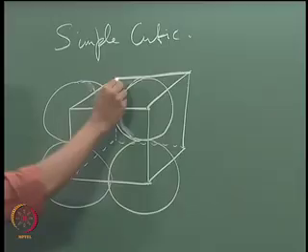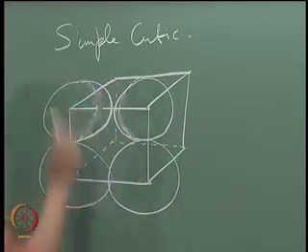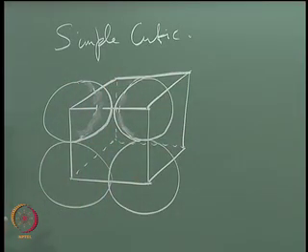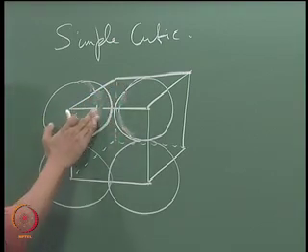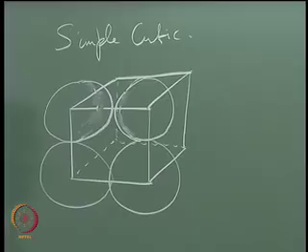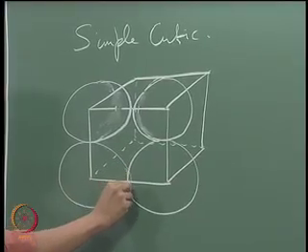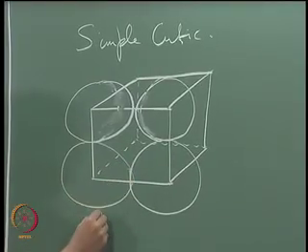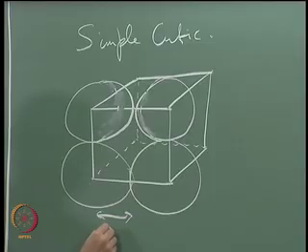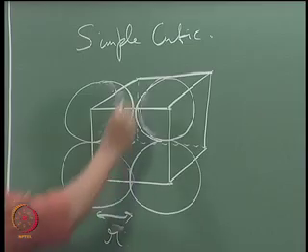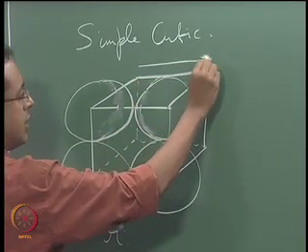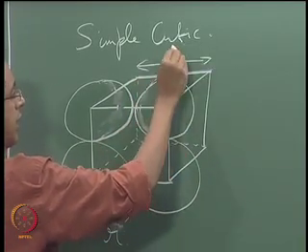There are atoms at all of the other corners also, I have only put 4 here, there are 4 more behind. So we will just stick to these 4 atoms for now and not worry about the other 4 atoms, fine. So the atoms have a radius r, and this crystal structure has a lattice parameter A.